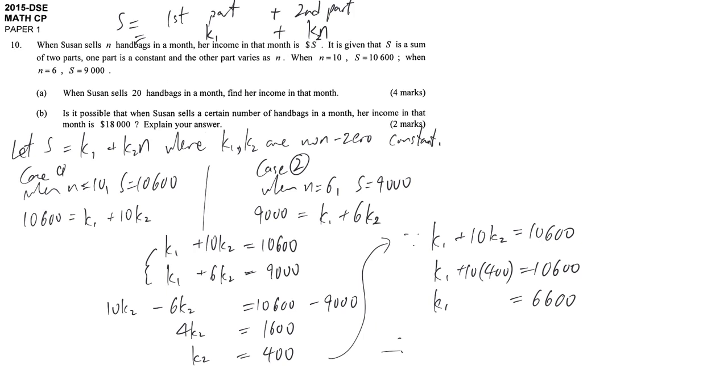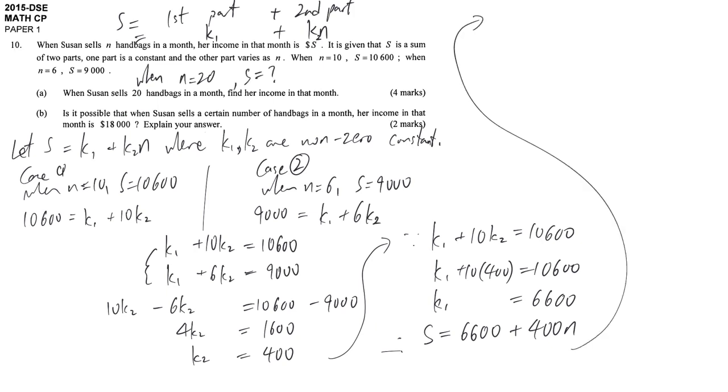Therefore, we can write down s as a function: k1 is 6,600 plus k2 times n, which is 400n. And then they are asking the specific situation when Susan sells 20 handbags. That means n is equal to 20. What is s? This is what they are asking.